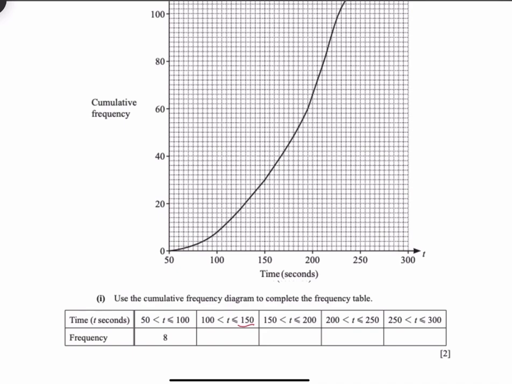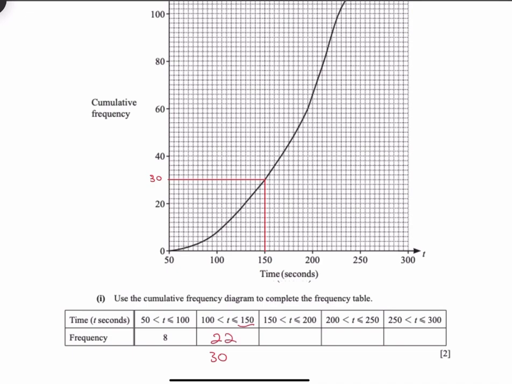Then from here we go up, and then from here we go this direction, and this is 22, 24, 26, 28, 30. So this is 30, but over here is going to be 30 minus 8, which is 22.